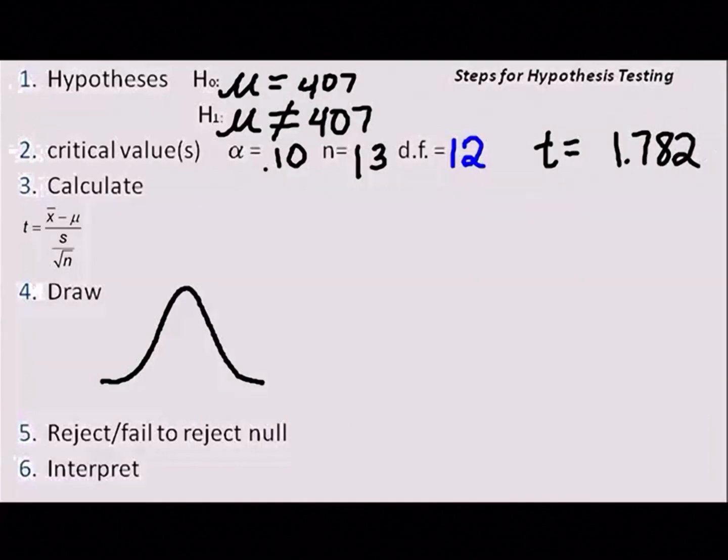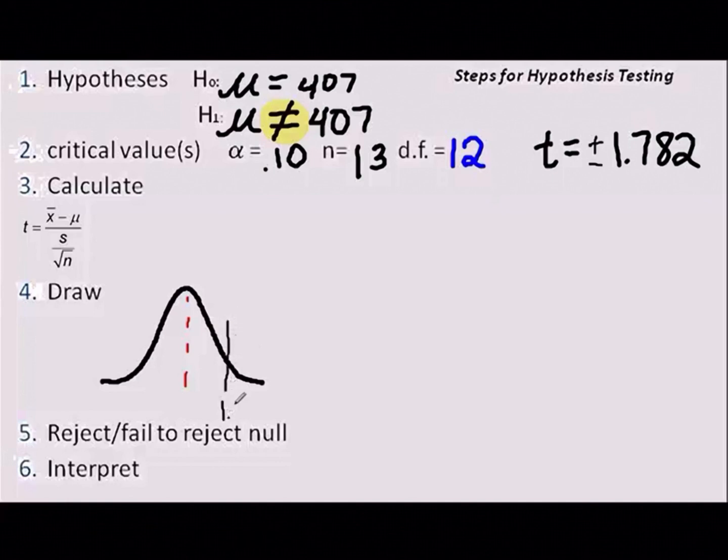But because my hypothesis is two-tailed, then my critical value must also be two-tailed, positive and negative. So if the mean in my picture comes down the center, then my critical values of 1.782 would be around here.